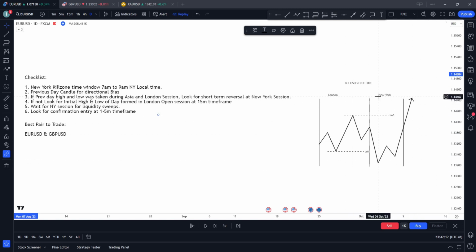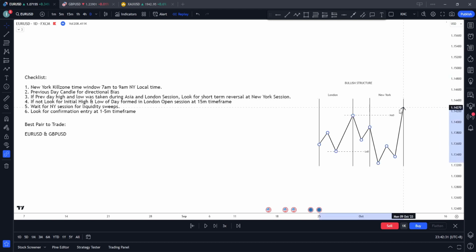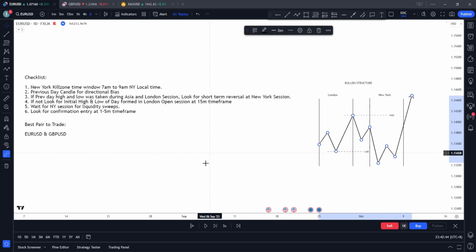Usually in New York, we have a liquidity sweep, either of the London low of day or the previous low, and then our target will be this high of day, or if there is a resting previous day high, we can also target that one. So without further ado, we can go to our example.